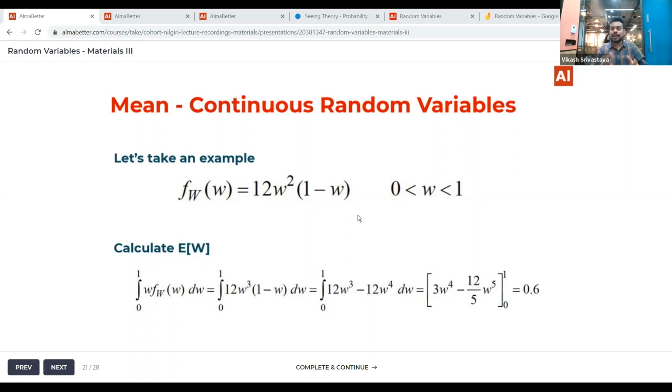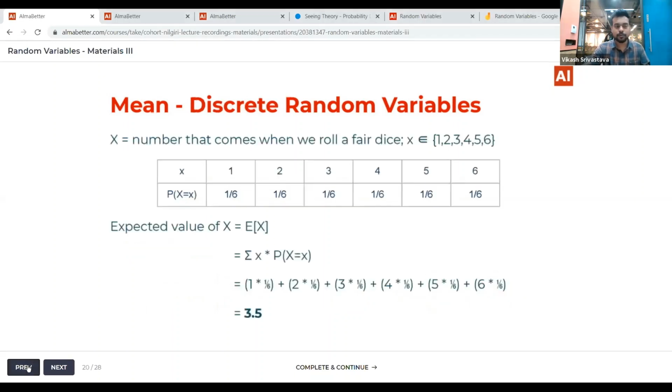And once we have the PDF, that is the probability density function or the distribution function, we can find the mean in this particular way. In the case of discrete, we multiply x, that is the individual values, by the corresponding probabilities. This is what we'll also call the probability mass function.